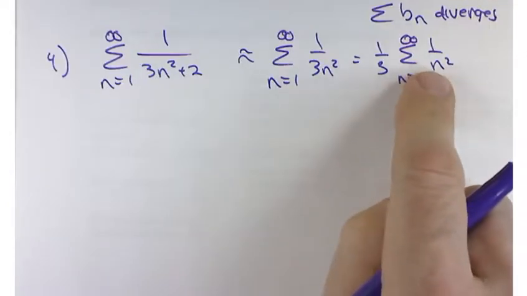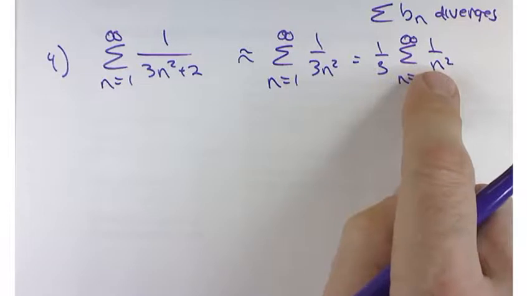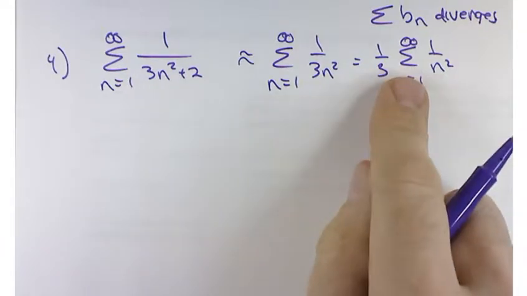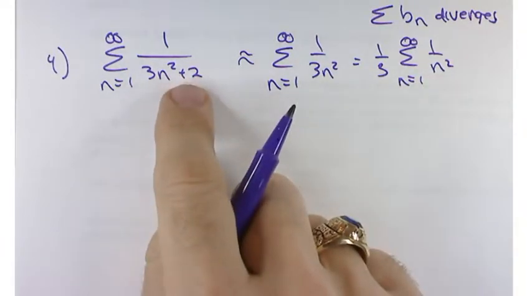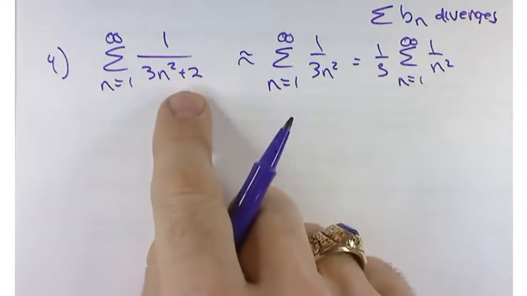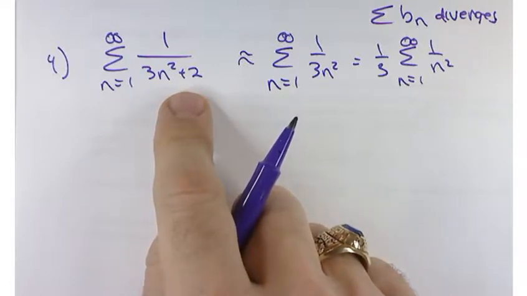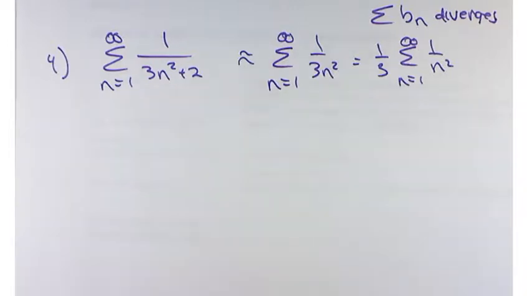Now what could you tell me about this series? That's a p-series, right? And what do we know about this particular p-series? Yeah, p is greater than 1, so it converges. All right, so we're thinking that this might converge. Is the original a p-series? No, it's not. End of story. Nor does it look like something you could easily do by integration.